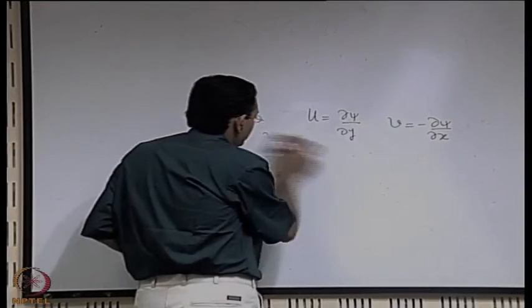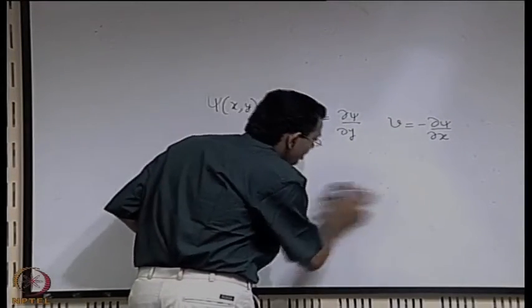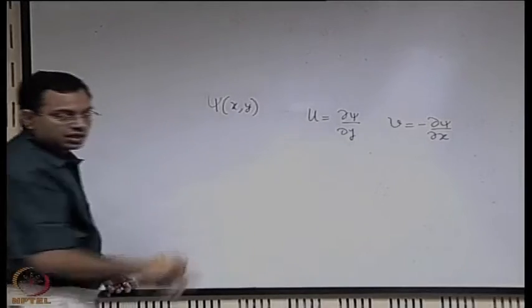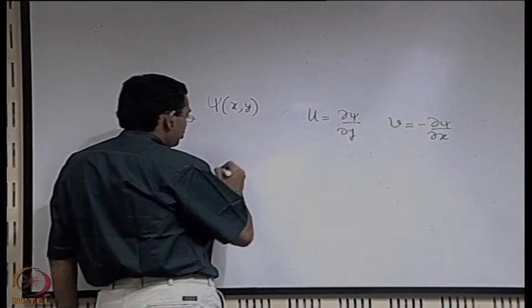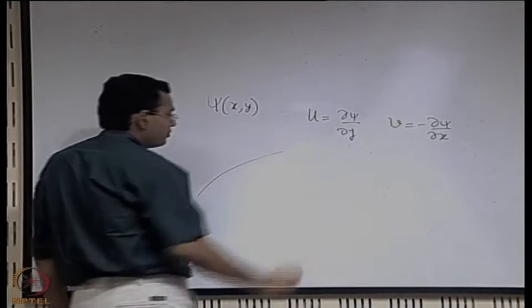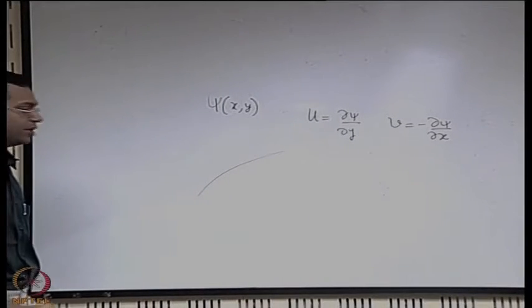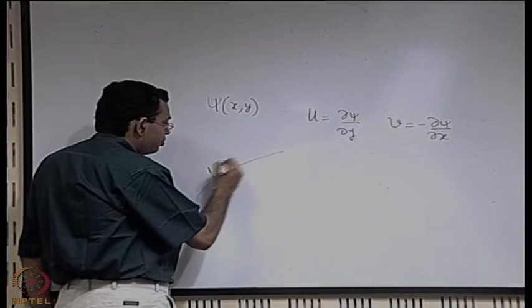Now, the stream function also has some relationship with the rate of flow. To understand that, let us say that we have some line element and we are marking 2 points 1 and 2.